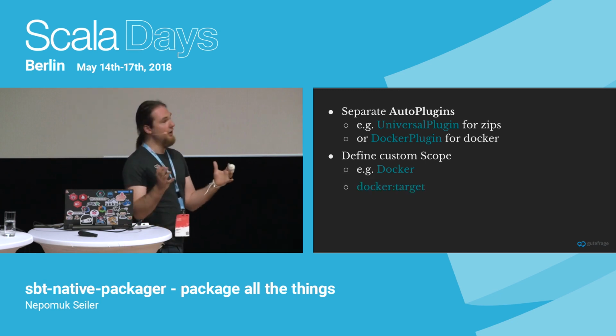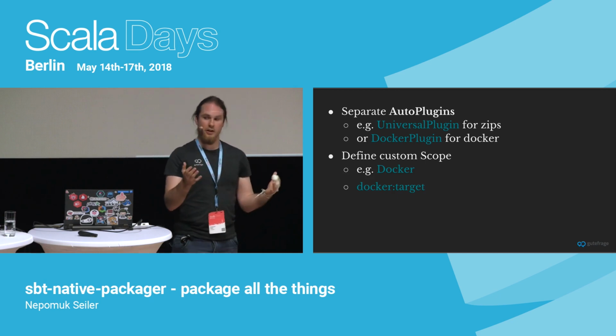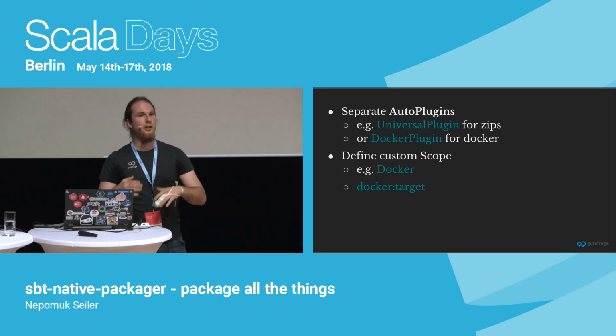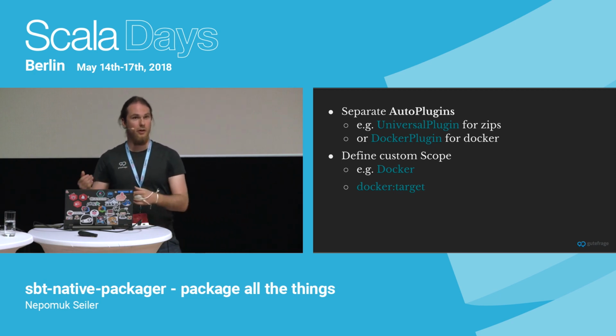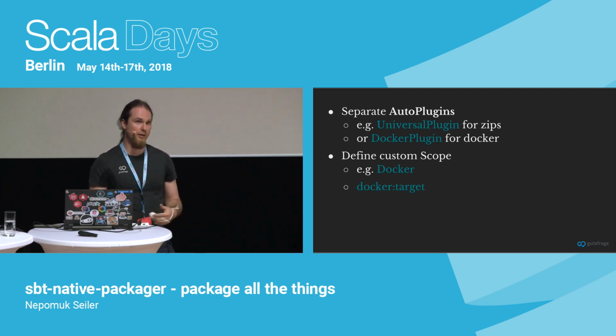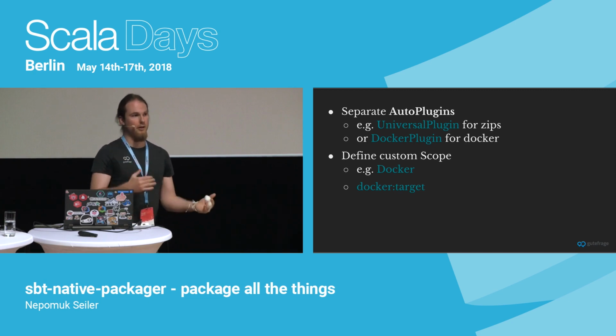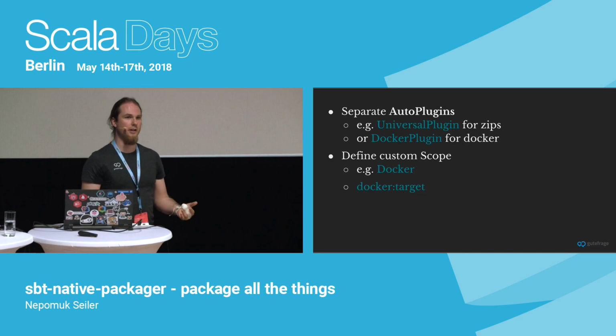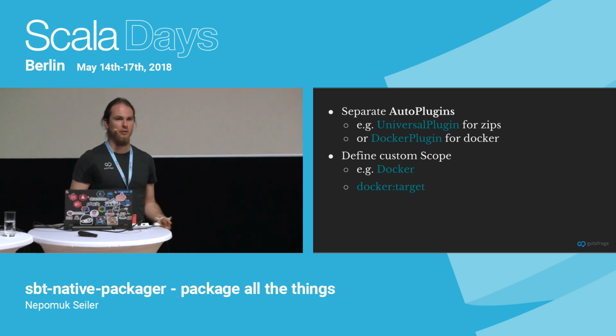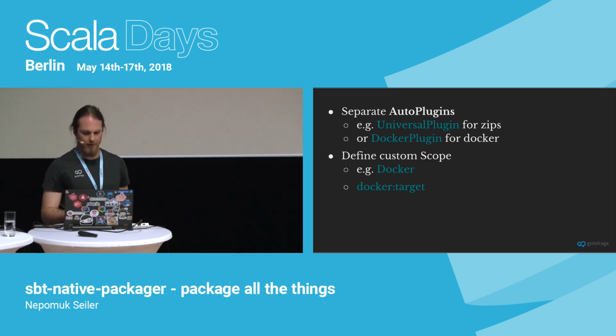For instance, Docker defines a Docker configuration scope, and we reuse the target setting from SBT, which is a folder where you can place target files that get generated, and we scope that to the Docker configuration scope. So you can easily override it, and we don't have to introduce new tasks and settings for trivial things that are already pre-existing in SBT.